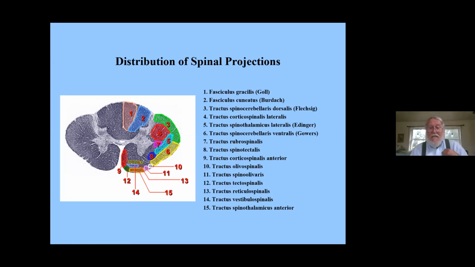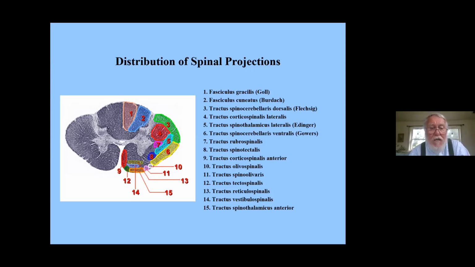Descending, the lateral spinothalamic tract is ascending. Where are these fibers coming from? They are predominantly coming from cell bodies that are in lamina 2 and lamina 5 that have gotten gross touch and nociceptive information.